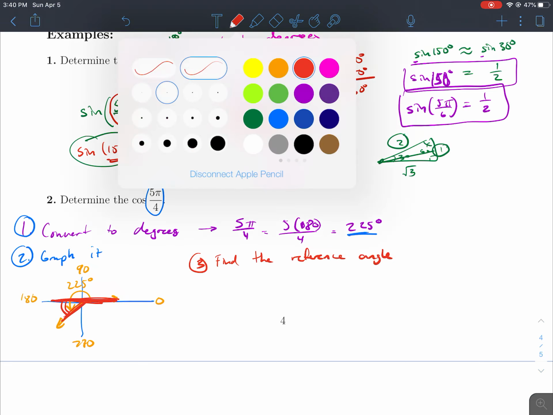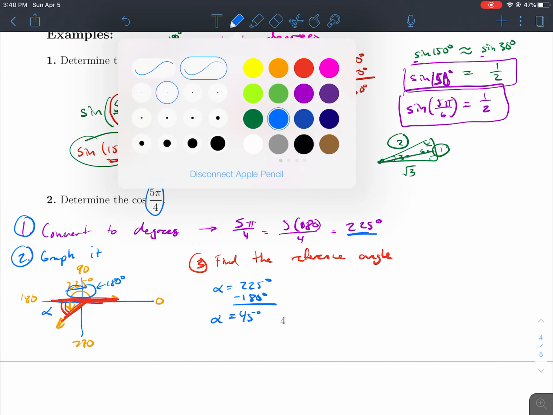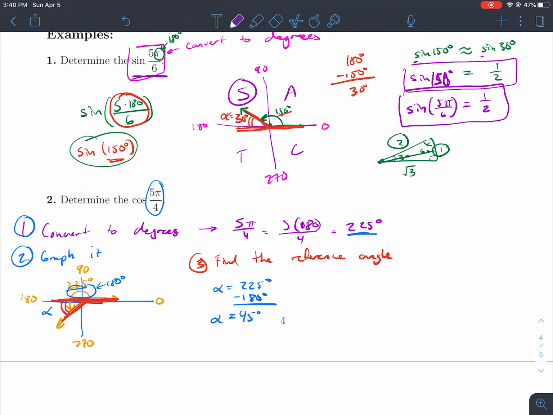In this case, the top half right here, that's 180 degrees. We know that the whole orange angle is 225, so alpha must be equal to 225 degrees minus that top half, 180 degrees. Alpha is equal to 45 degrees. And that starts to telegraph the rest of the problem to us.